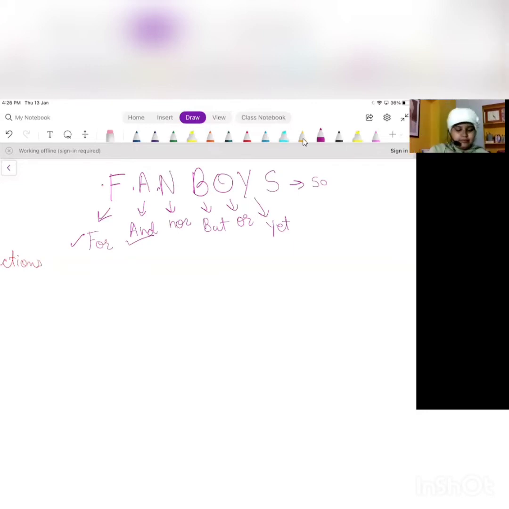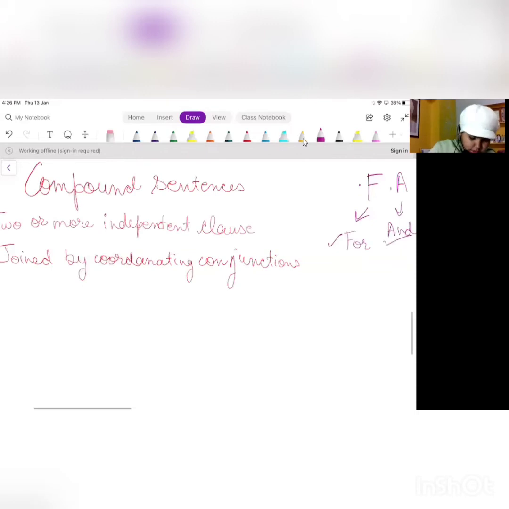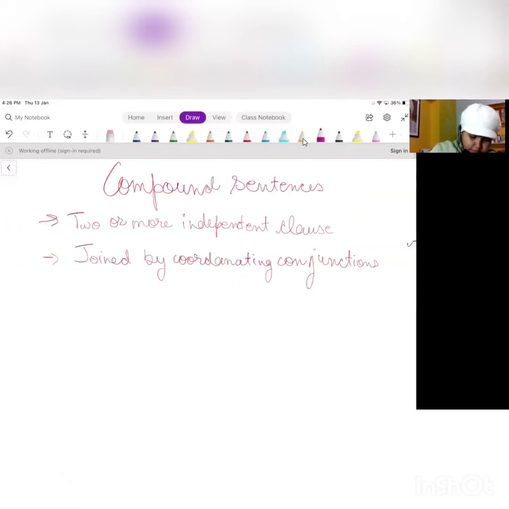Please learn it. So there is no dependent clause, like in a simple sentence. Okay, here we revise. In compound sentences, first point, two or more independent clauses.